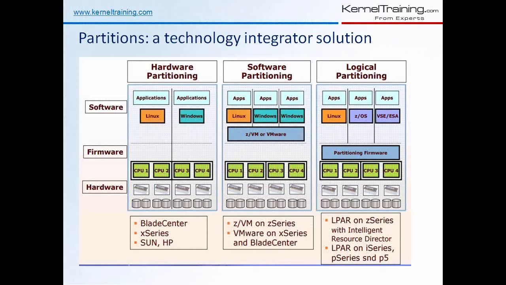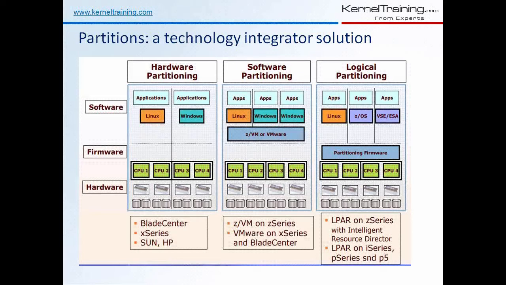So it is called hardware partitioning. What is software partitioning? Software partitioning is again on a server, where you can install the hypervisor and create virtual machines. This is a bare metal hypervisor.